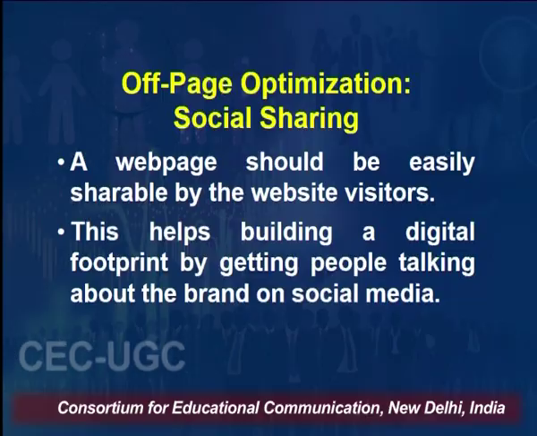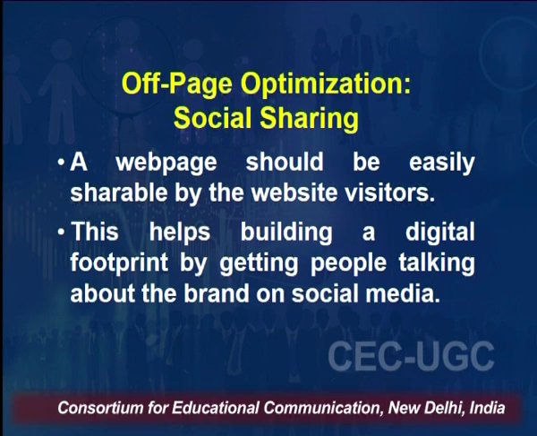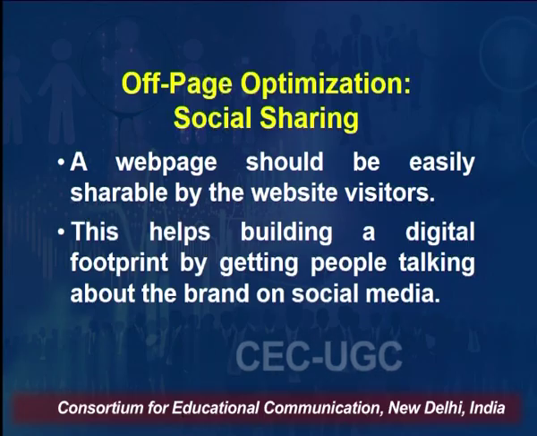Another aspect is how much you share. That is, what is the kind of social sharing that you do, which is again a part of your off-page optimization. A web page should be easily shareable by the website visitors. If you're unable to share it or it becomes very complex to share that information, it will not give you those kinds of results or organic visitors.